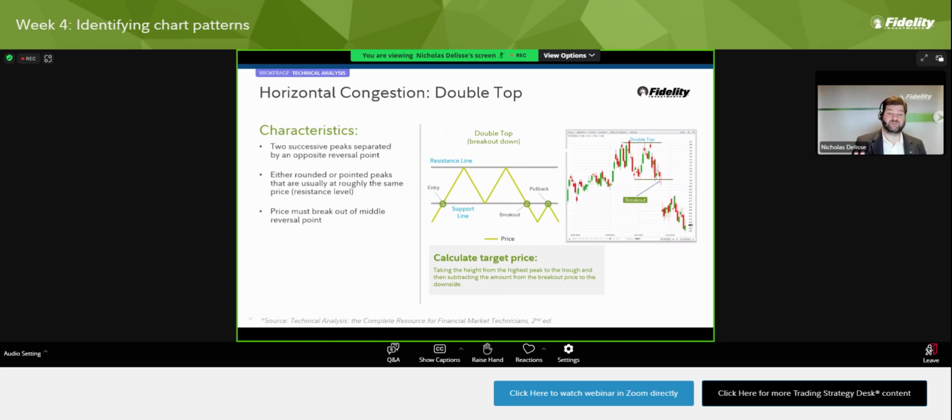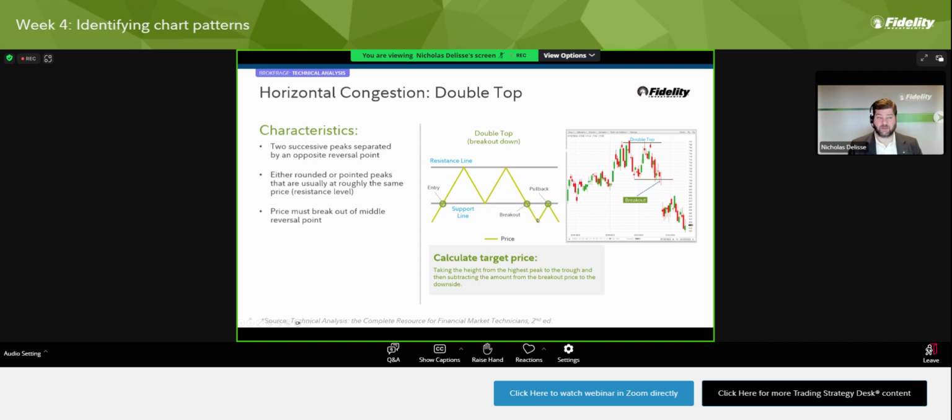Now, that said, let's start to jump into more of the meat and potatoes, so to speak, of different basic patterns. Here we have a double top, and it's as it sounds. Top, resistance again. We have one line, it does it again, kind of comes back, and then boom, it breaks through this other support line.